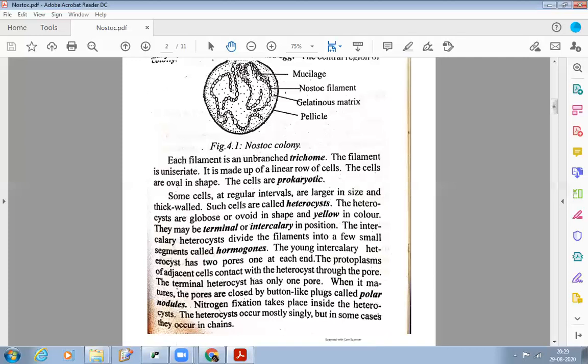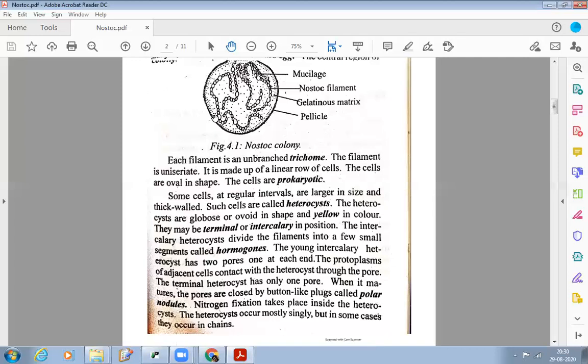So what is their function? They help in nitrogen fixation. That means they fix atmospheric nitrogen. That is the main reason. Since they act as azotrophs, since they are nitrogen fixers, they exist as symbionts, in symbiotic association with some of the bryophytes.